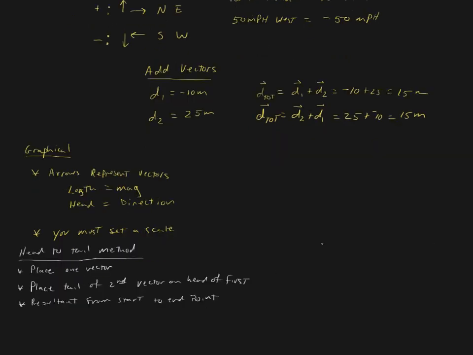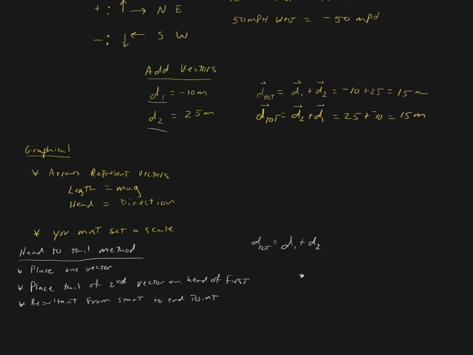So what that means is this. If we go back to vector d1 and d2, and I want to do d1 plus d2 in order to get d total, then I'm going to place one of those vectors, and let's say I start with d1. Why not? We'll just do d1 plus d2. Then d1 is to the left by 10 units.